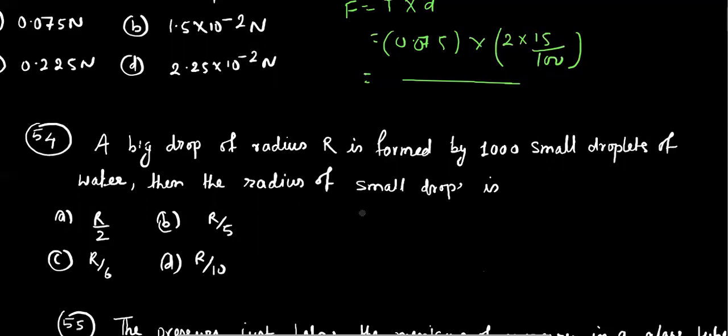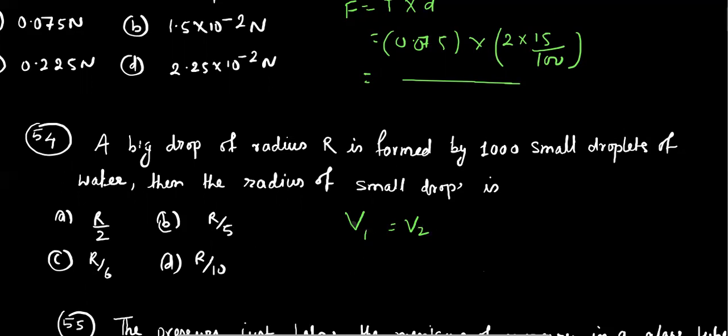So we can say that the conservation of volume implies that V1 and V2 are equal. That means the volume of the large drop and the volume of the small drops remain constant, because on combining small drops a large drop is formed.